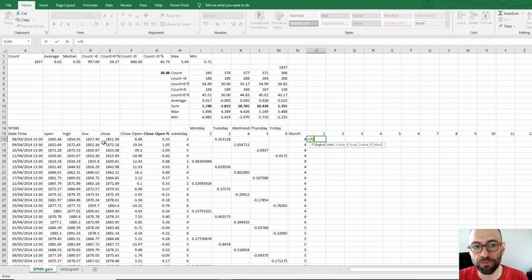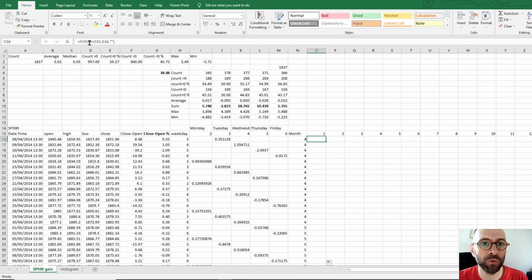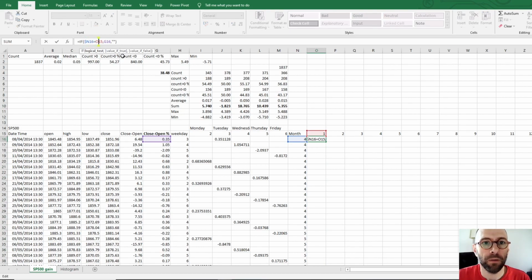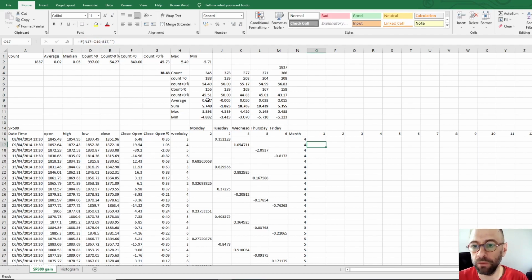So if it's April and equals that, then put the gain or loss, otherwise blank. And we'll lock down again, and lock this as well.